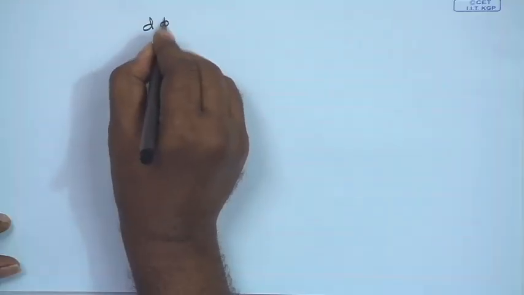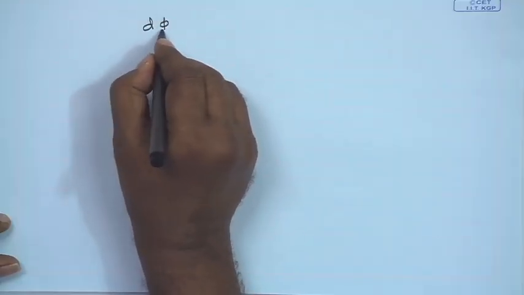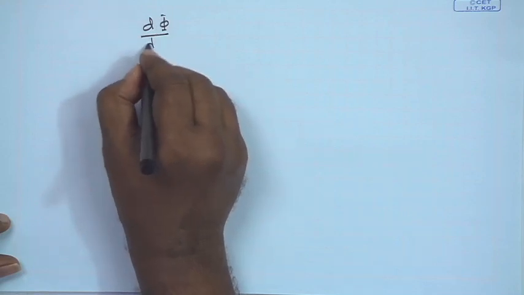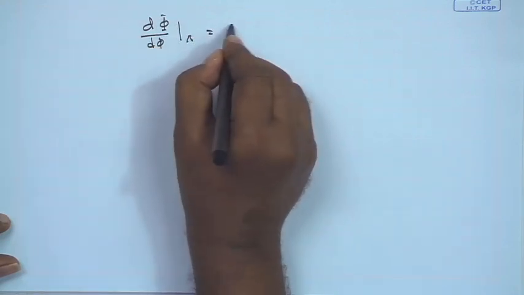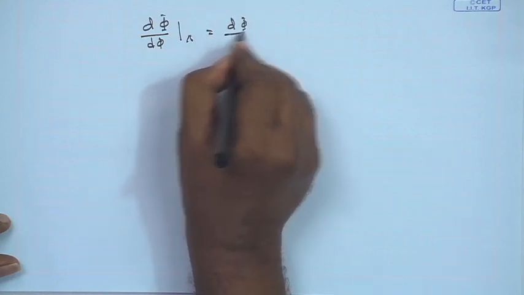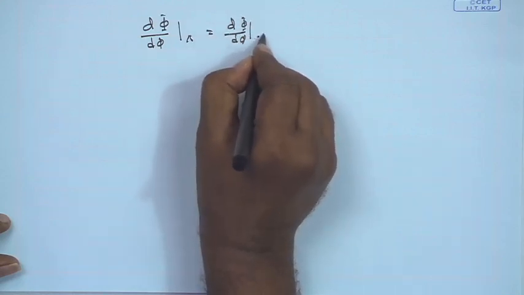Now, next, we will be utilizing the other boundary condition, that d phi at pi is equal to d phi at minus pi.